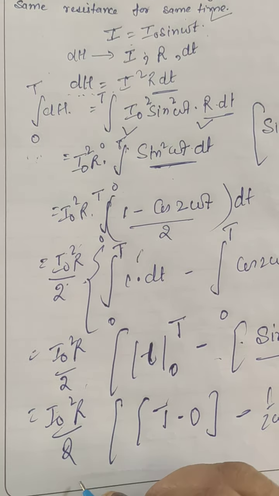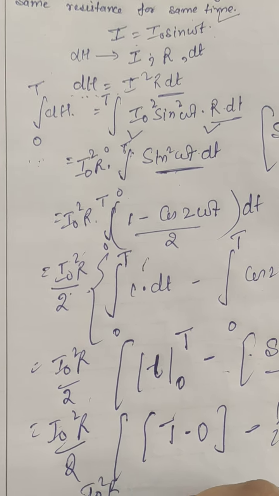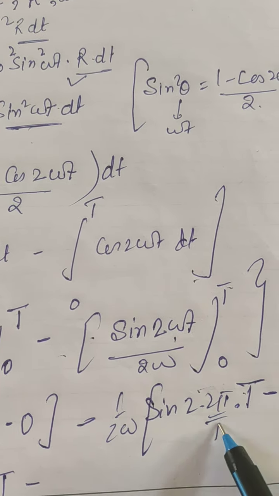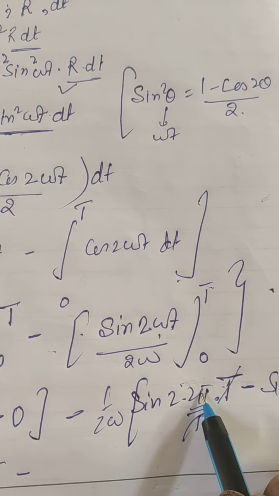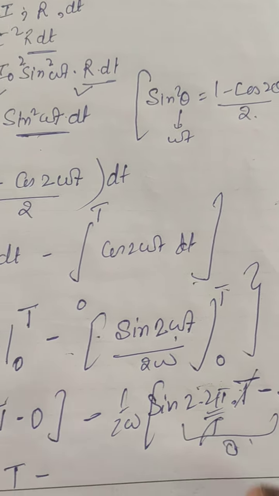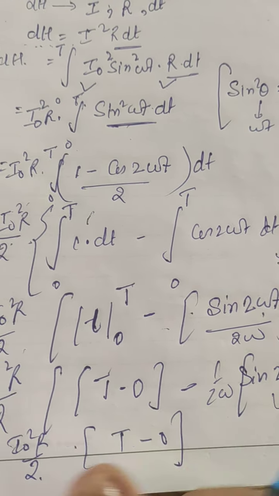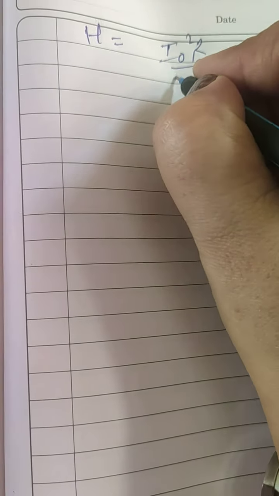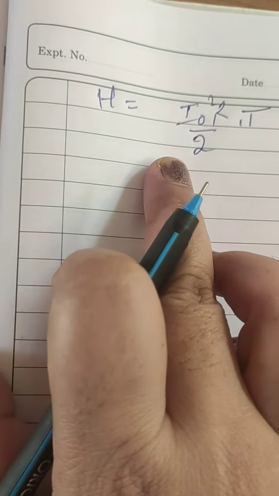Now, when we solve it, sine 4 pi is 0 and sine 0 is 0. So this whole factor comes out to be 0, and we are left with the expression for heat H equal to I naught square R by 2 into T. Now we have got the value of H.